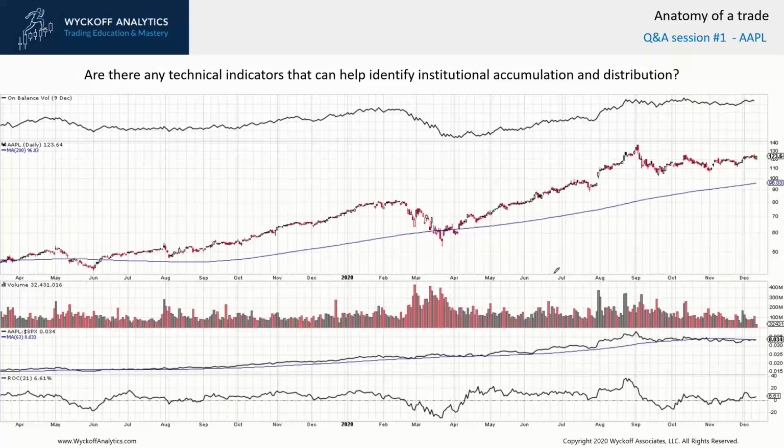Specifically with the rate of change, why would we use it? The rate of change shows how quickly the price moves in one direction or another, and usually those quick-moving places are of interest to me.